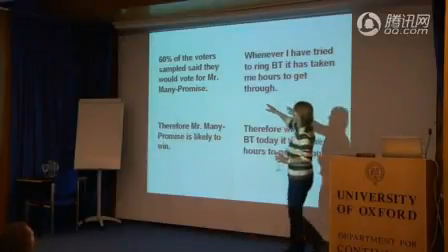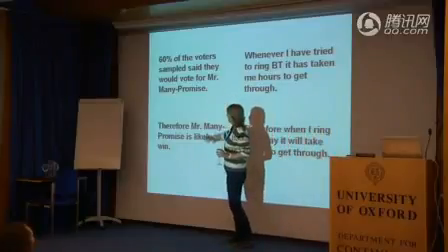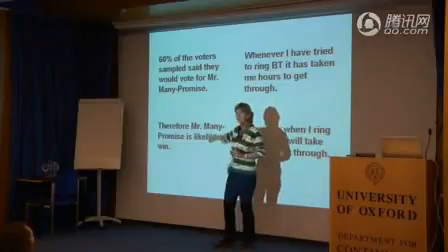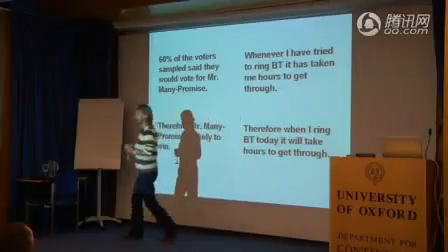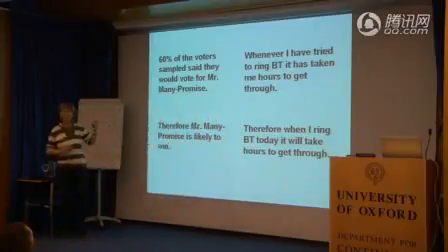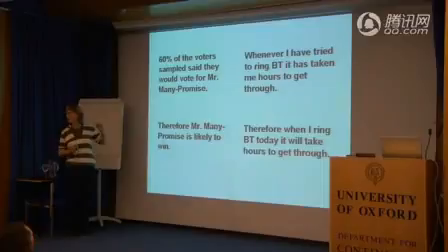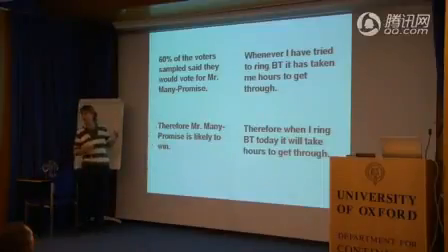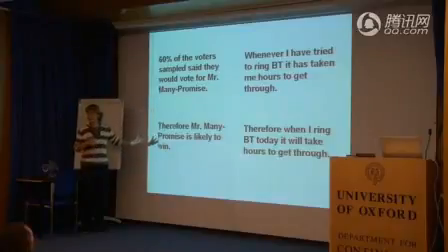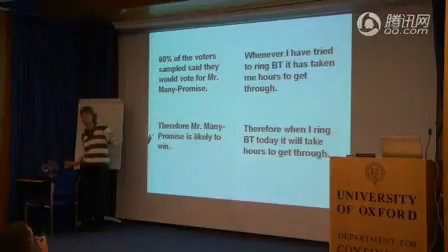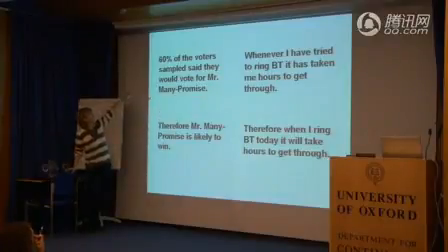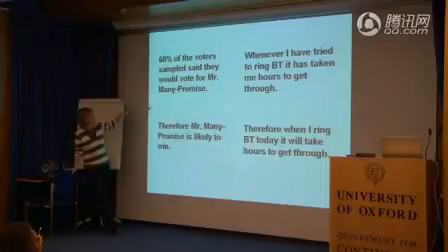Looking first at this one, what's the population that we're looking at here? Do you remember I said the premise points to a sample of a population, and the conclusion extrapolates to the rest of the population? So what do I mean by the population in this case? Voters, exactly, that's right. So we're saying here that 60% of the voters have been sampled, and that 60% said they'd vote for Mr. Many Promise.